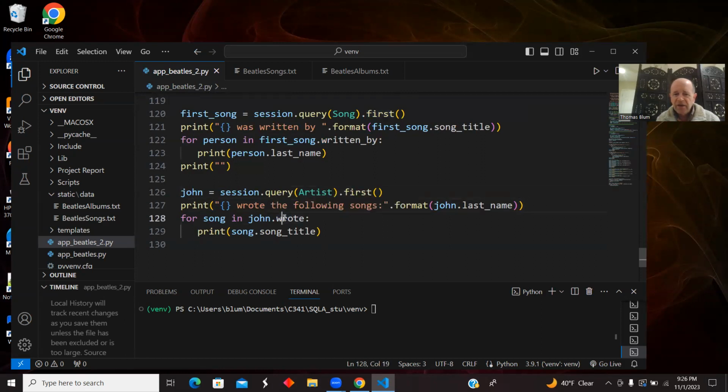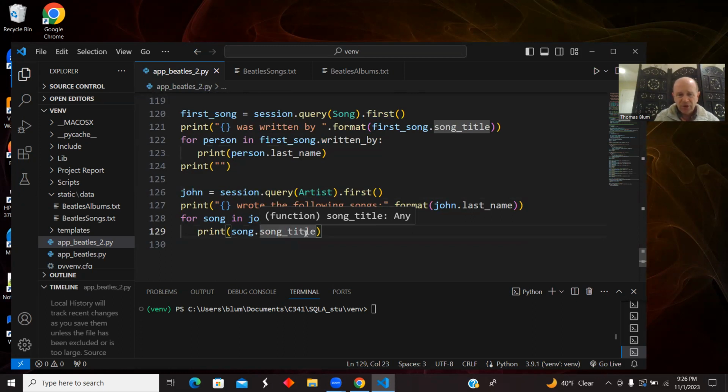And then the many-to-many relationship for the artist is I called wrote. And so then I got the first artist, which was John. So I named my thing John, and then I'm working with that relationship to say that John wrote, and I have access to the song title. So here again, SQL Alchemy, we're working actually with the classes, and then behind the scenes, SQL Alchemy does the SQL for us.